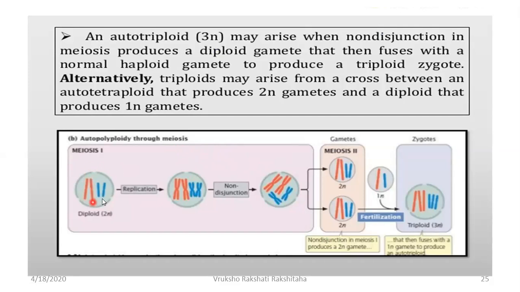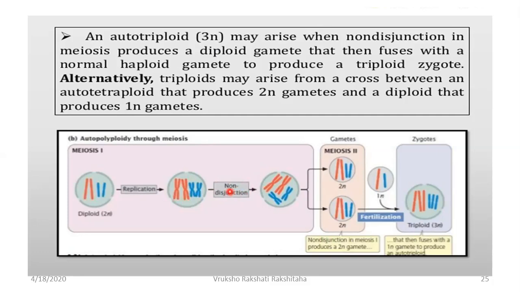So this is a diploid cell. Now it is having 4 chromosomes. Now, as I told you, during the S phase, the replication of DNA does take place and sister chromatids are formed. So each chromosome is showing 2 sister chromatids. Now what happens is as the cell moves on to anaphase I, non-disjunction.